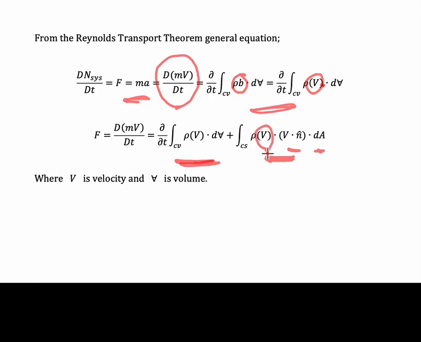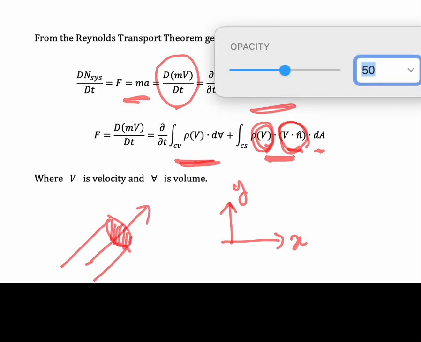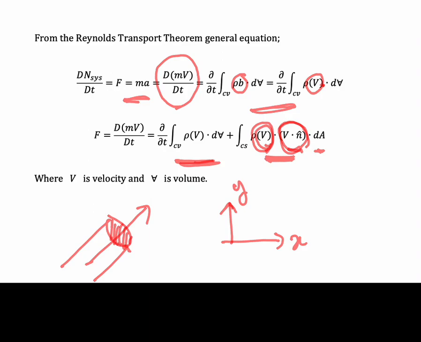What is the difference between this V and this Vn? This V is the velocity according to the x and y axes. However, the Vn here is the velocity according to the n vector. So the n vector depends on the cross-sectional area. So for example, if we have a pipe moving like this one, this is the control surface. And then we need to draw the n vector in this direction.